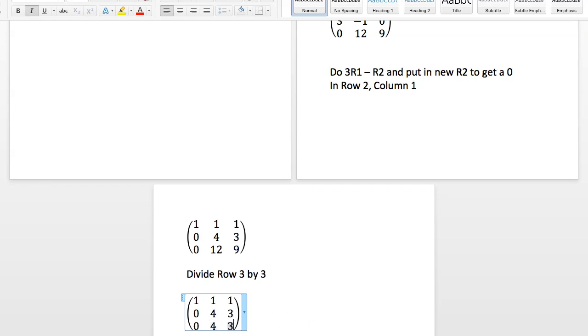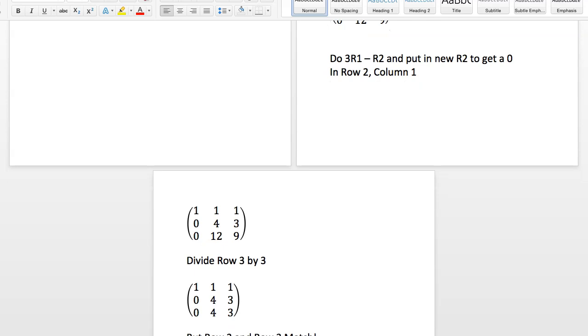So you'll get 4 and 3. 12 divided by 3 is 4. 9 divided by 3 is 3 itself. So there's that. But hey, look at that. Rows 2 and 3 match. So subtract, so do row 2 minus row 3.